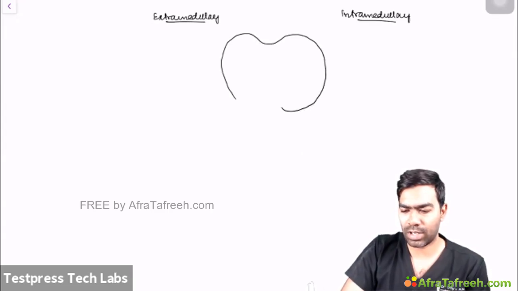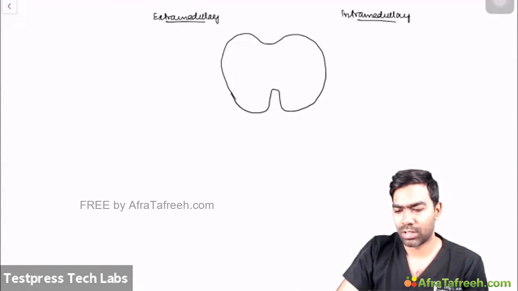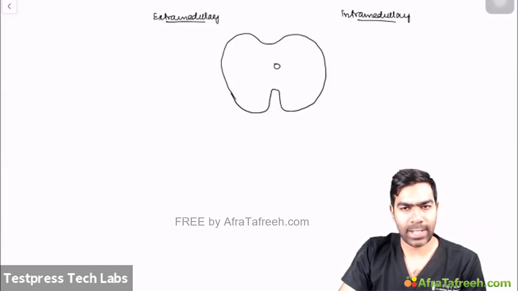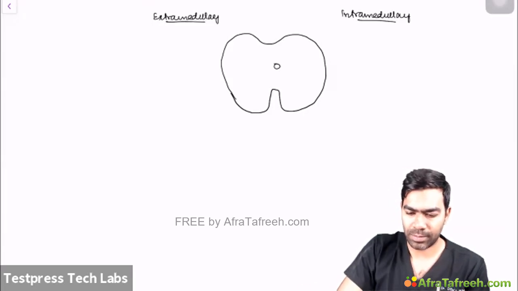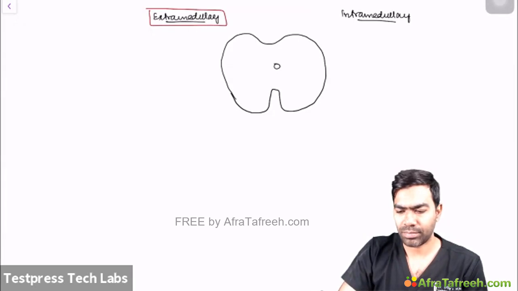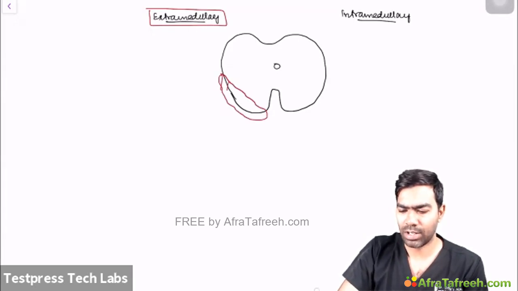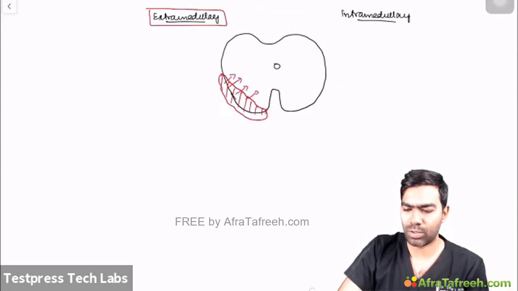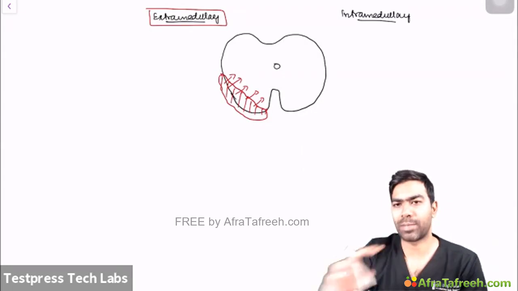So first of all, let us take the spinal cord like this. To understand extramedullary, let me shade it in red. Extramedullary lesions will come from outside the spinal cord, isn't it? So usually there will be tumors. So they're going to compress from the outside like this, extramedullary.